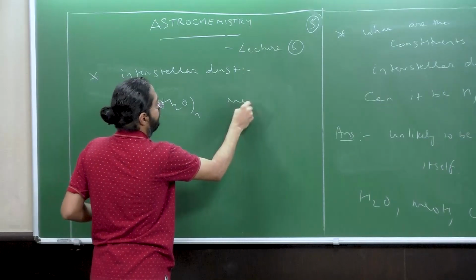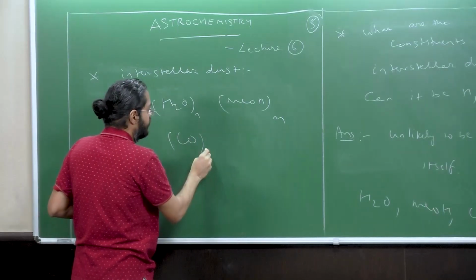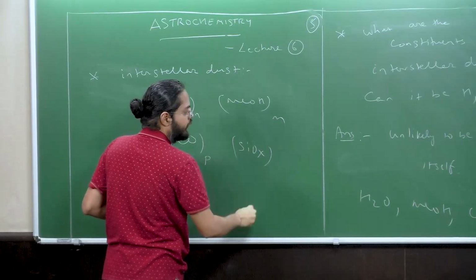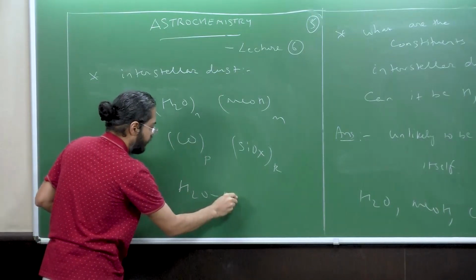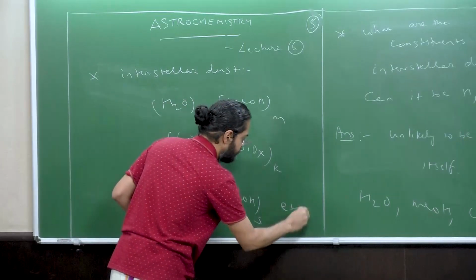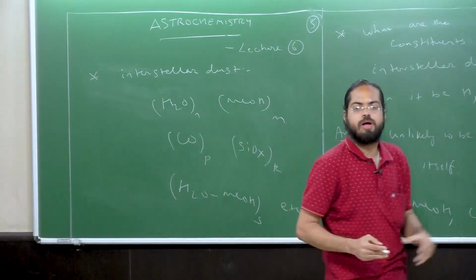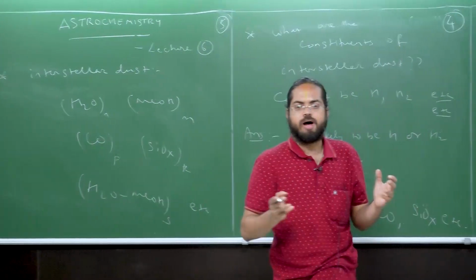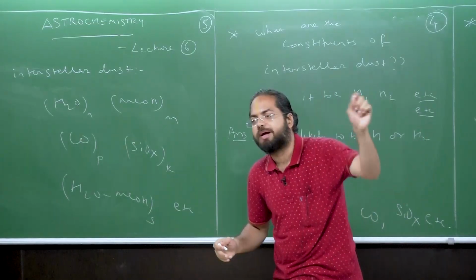It can be methanol clusters, for example, carbon monoxide clusters, or it can also be silicate clusters, or a combination of these, etc. All right. So when I refer to interstellar dust, I'm talking about loosely bound, weakly bound molecules held together such that overall they appear to be in the solid form, as tiny specks of dust.